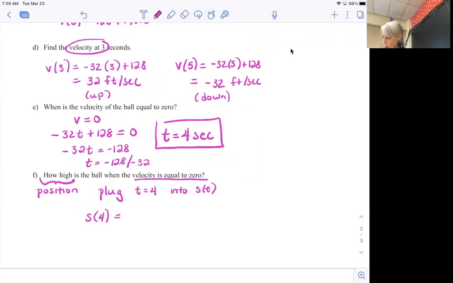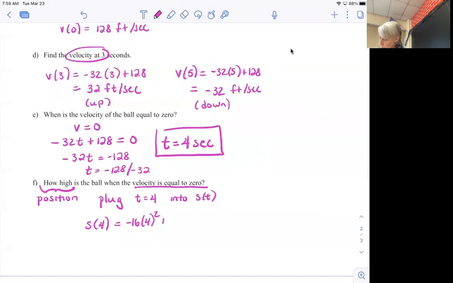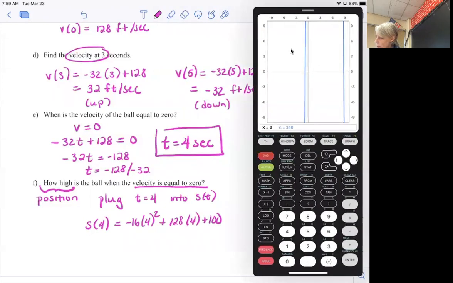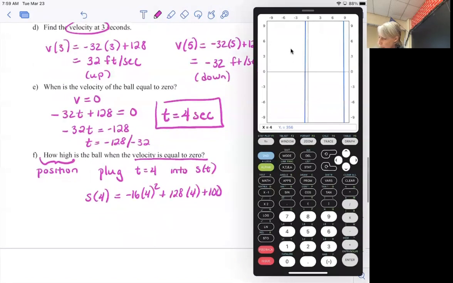So S of 4, I'll write it out for you, even though we're just going to plug it into the calculator. You can go into your calculator, second trace, plug in 4. What's the Y value on the function, or what's the highest point on that graph? How high is it? It's 356 feet.